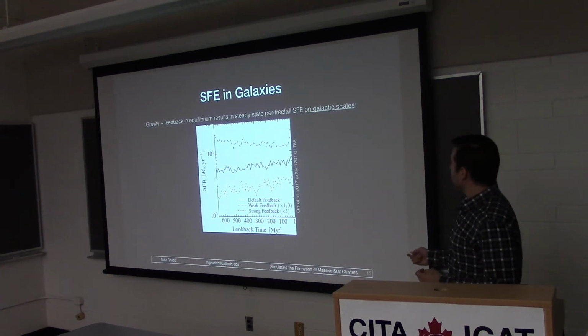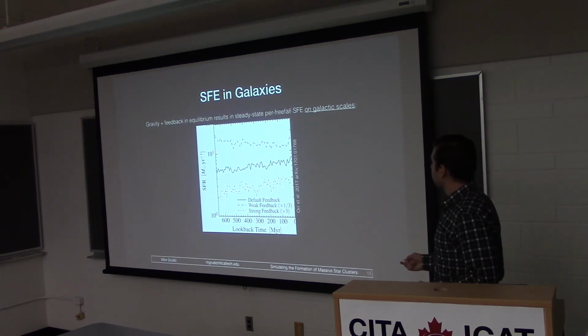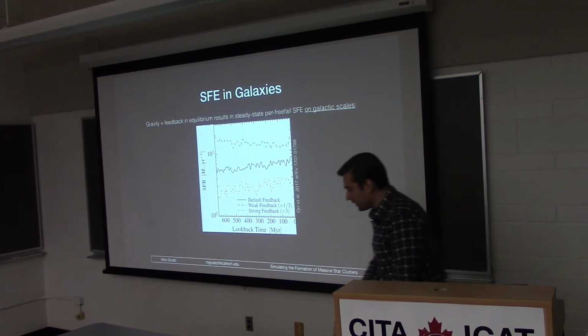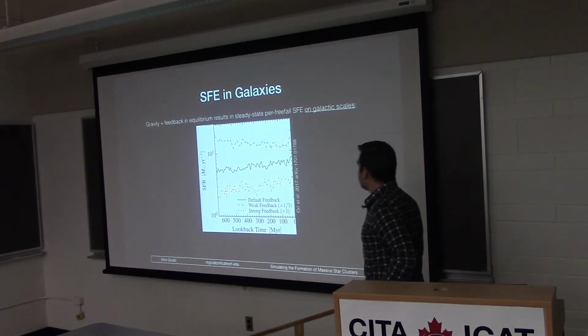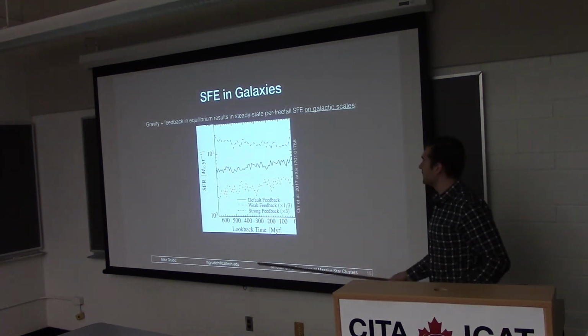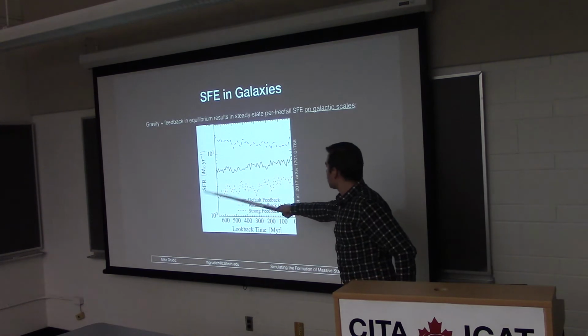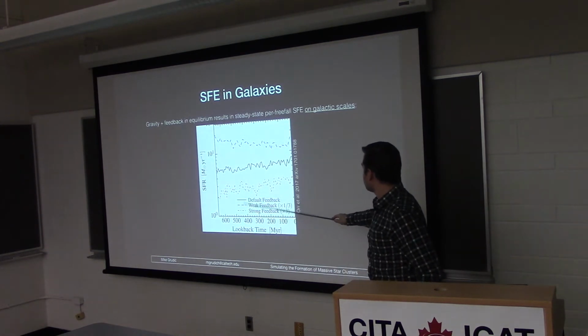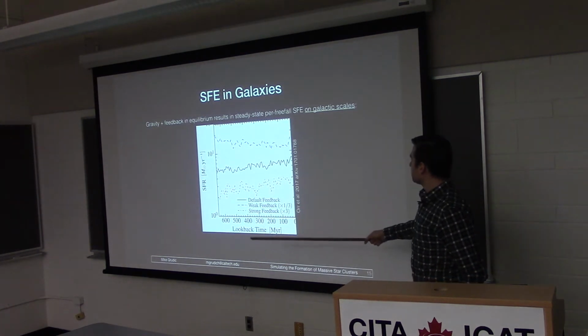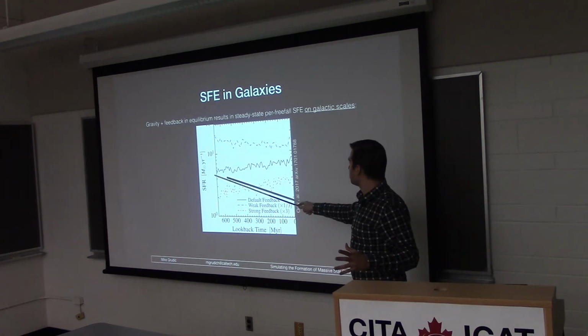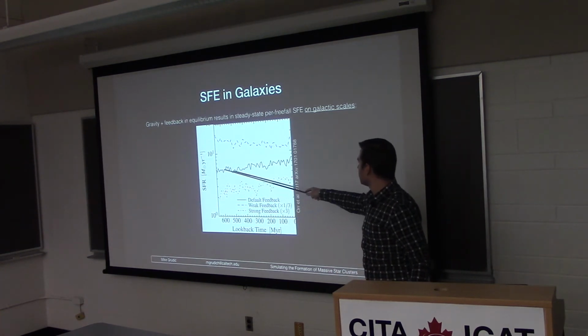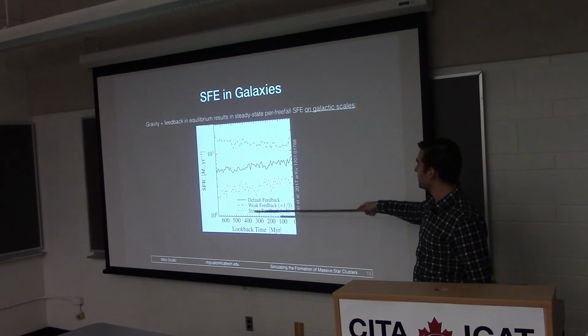So here's a plot from a simulation where they varied the strength of stellar feedback in a full galaxy simulation. What we're plotting is the star formation rate with 3 different feedback strengths. What is found is that the star formation rate is more or less constant in the galaxy regardless of how strong the feedback is.